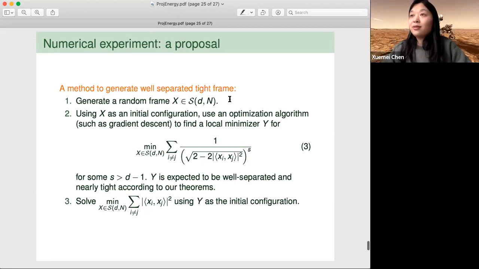So actually I think the answer is maybe it won't, and we don't know. That would be something to study further, but the numerical experiment suggests that it didn't. If you feed it with a good separation configuration, it seems like it won't destroy that.